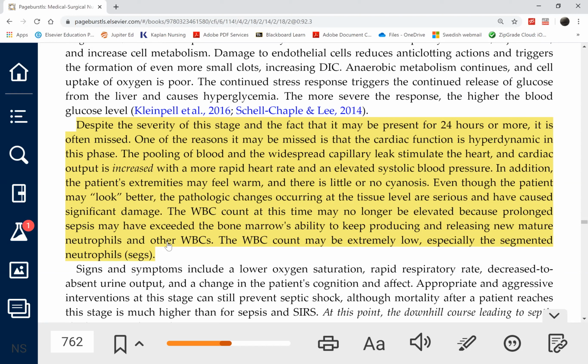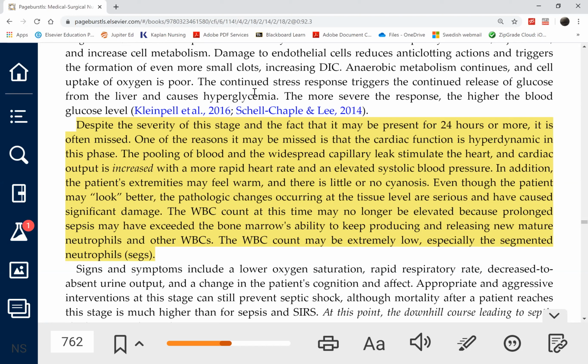Despite the severity of this stage and the fact that it may be present for 24 hours or more, it is often missed. One of the reasons it may be missed is that cardiac function is hyperdynamic in this phase. The pooling of the blood and the widespread capillary leak stimulate the heart, and cardiac output is increased with more rapid heart rate and an elevated systolic blood pressure. In addition, the patient's extremities may feel warm, and there is little or no cyanosis.